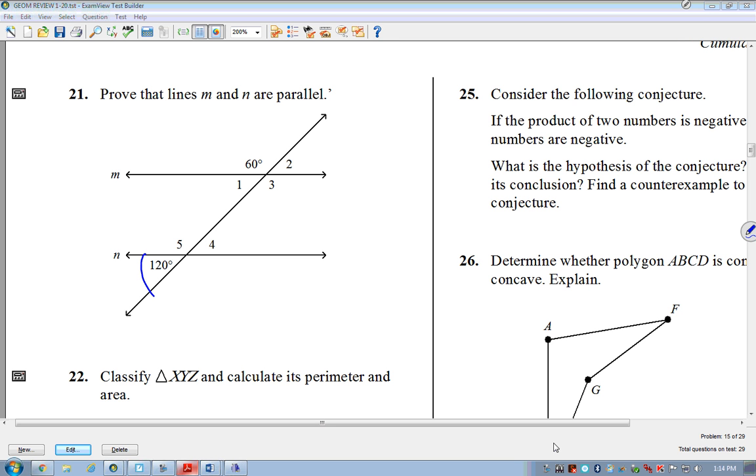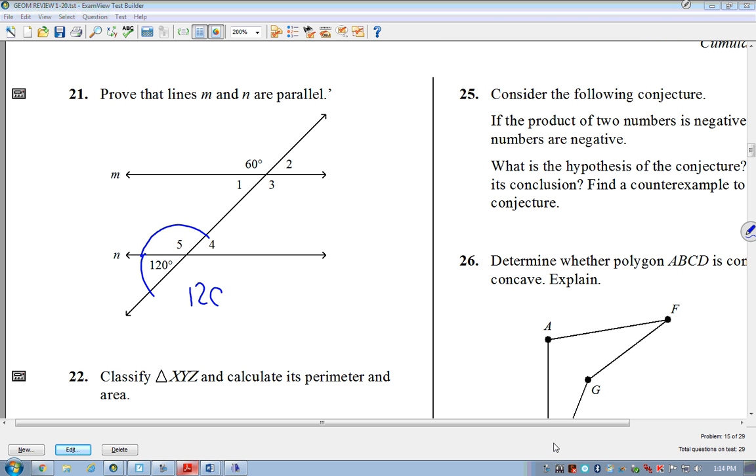I'll explain why it's a mess. It's because 120 degrees is clearly obtuse, but they put it in an acute position, so you can't go based upon appearances. But I know 120 and 5 are what? What do they form? They're supplementary. They form a linear pair.